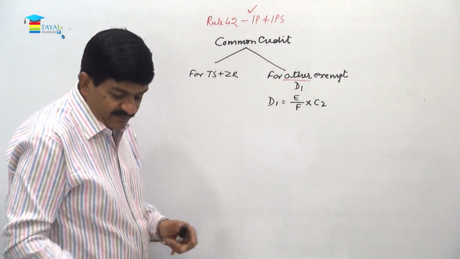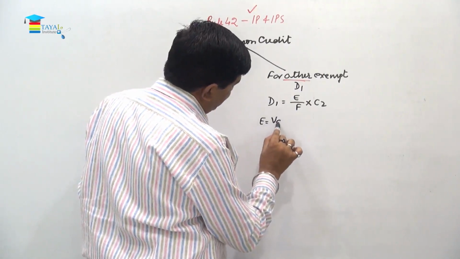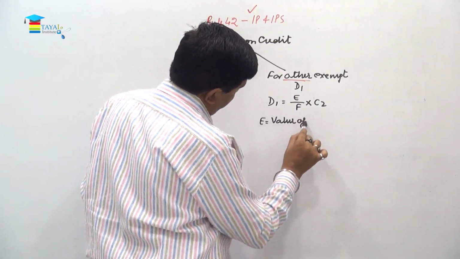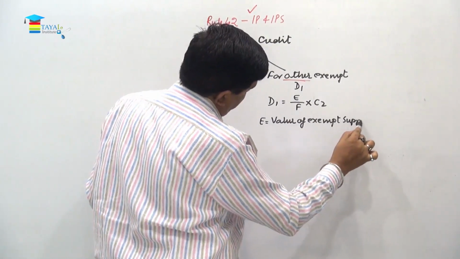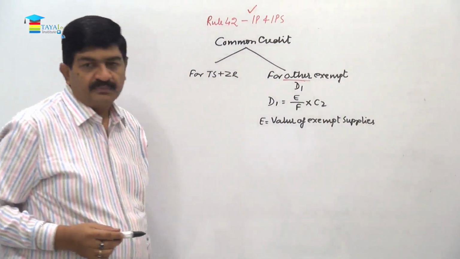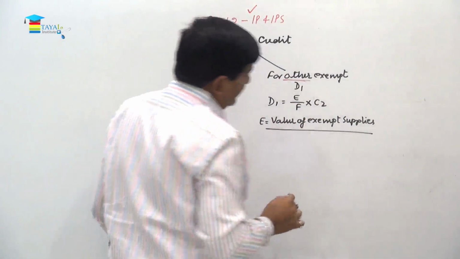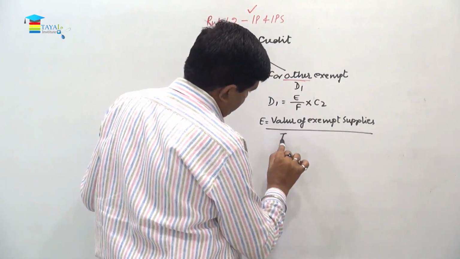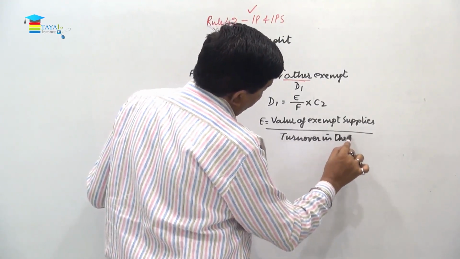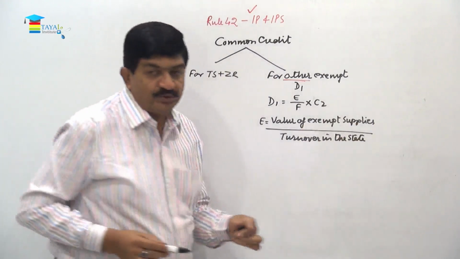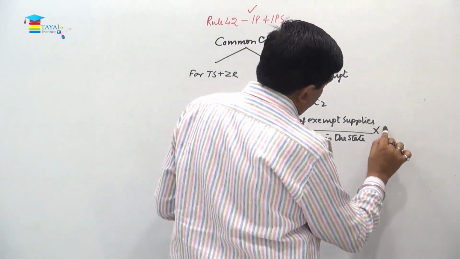So E is value of exempt supplies, then we have turnover in the state, because calculation has to be done for every state separately, and then we divide that, multiply that with common credit.